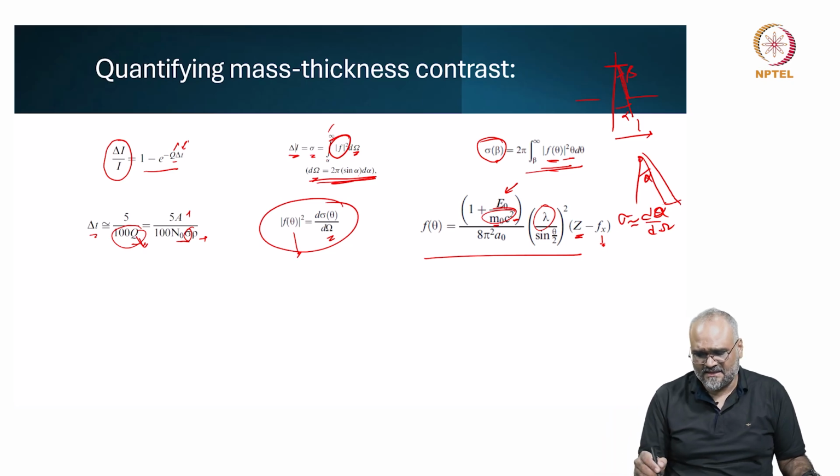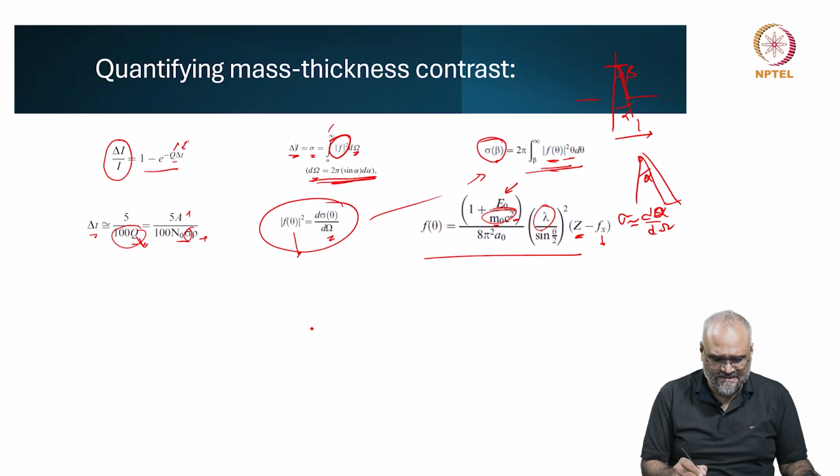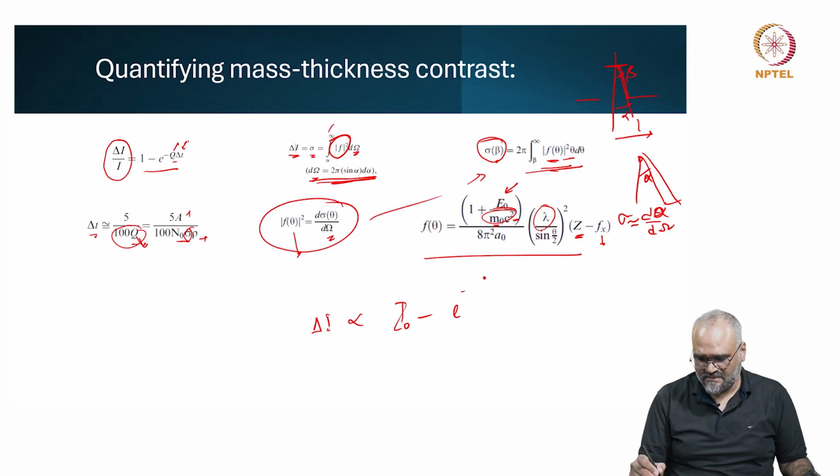this expression, when all of these are put in here and you simply look at the variation in intensity as a function of scattering angle, this is somewhat proportional to some kind of, let us say if the background is I naught minus, you can write an expression as exponential minus, so times beta.